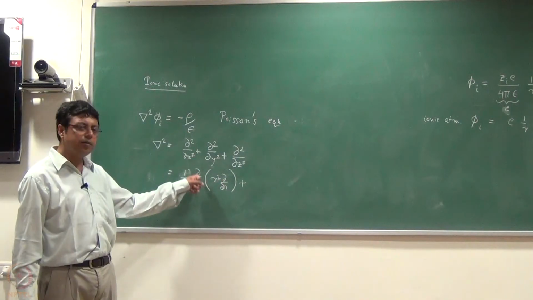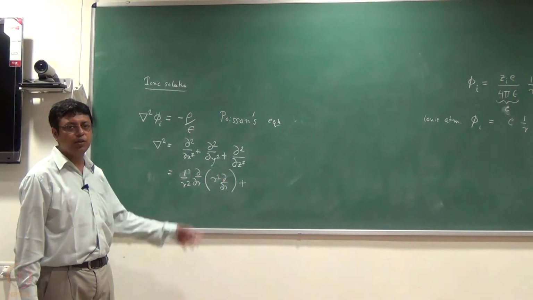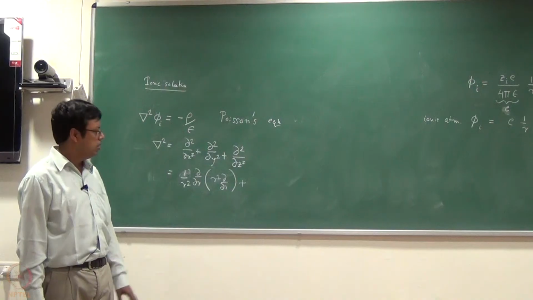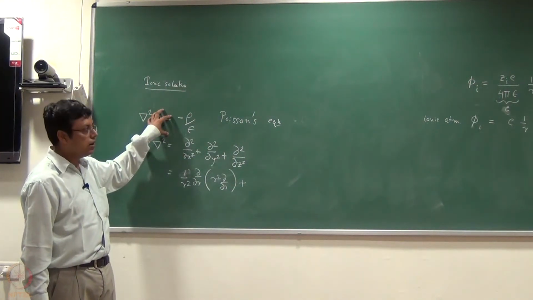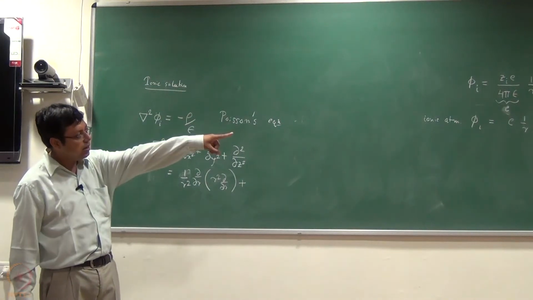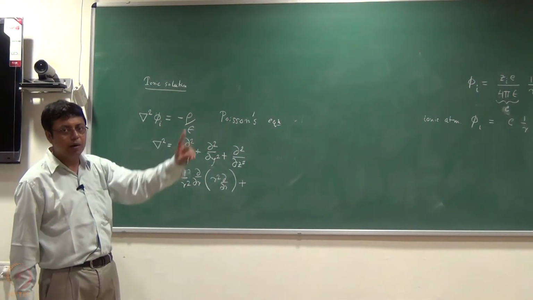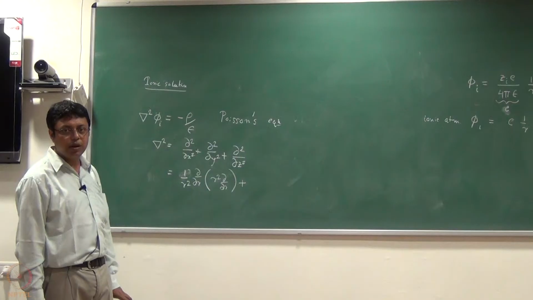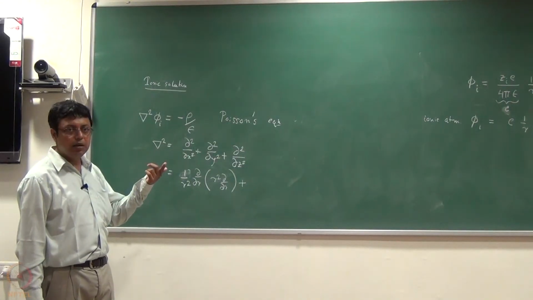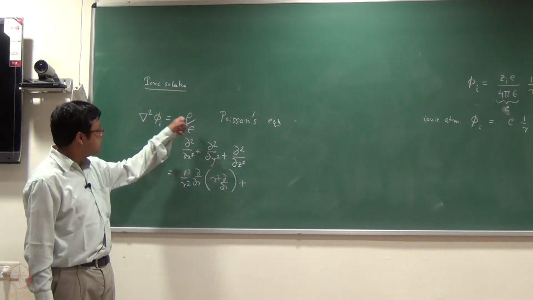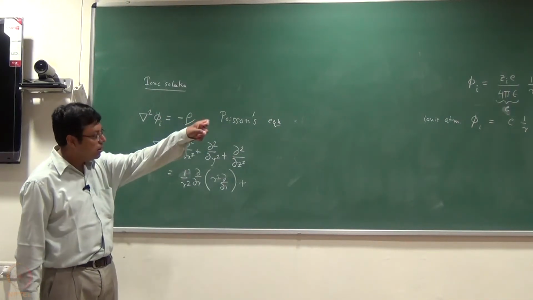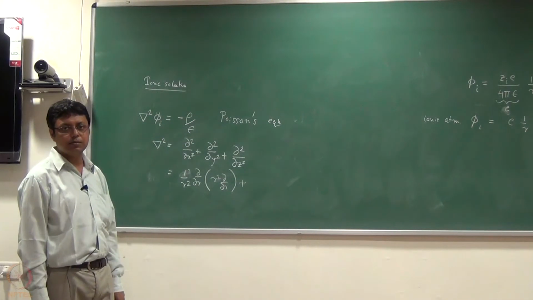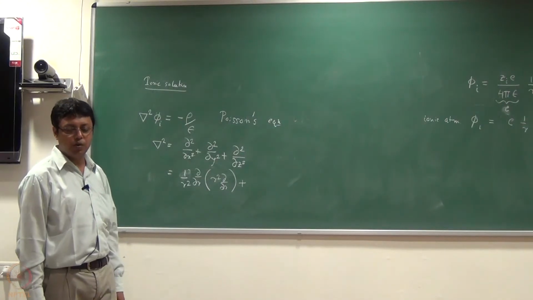Instead of partial derivative, I can write d/dr because r is the only variable. Now I have the form of del square. I have to act it on phi, which phi? Basically that C1 by r e to the power minus r by r0. If I do it and connect it to rho, then I will get a relationship between rho and r0. Clear?